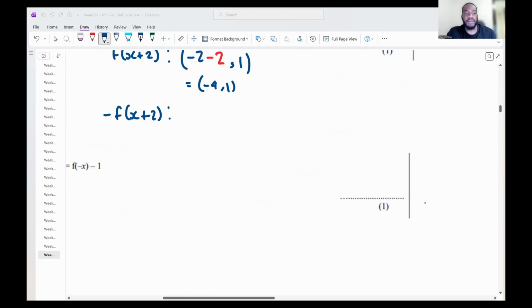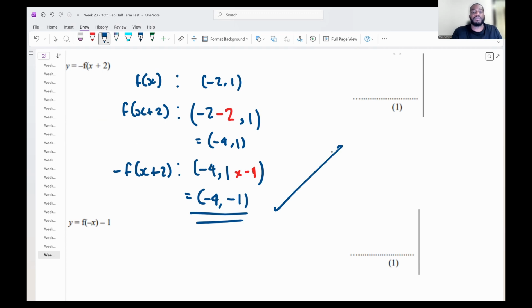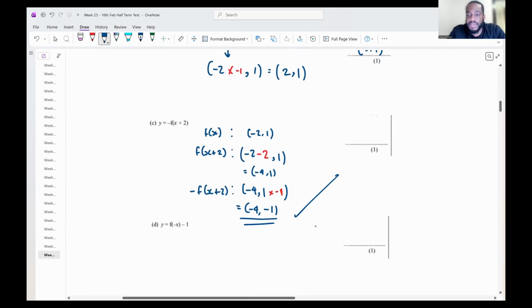So from minus 4, 1, we multiply the y by negative 1, and your final answer is minus 4, minus 1. Does that make sense, guys? We happy with that? Cool. Fantastic. So that one's done.